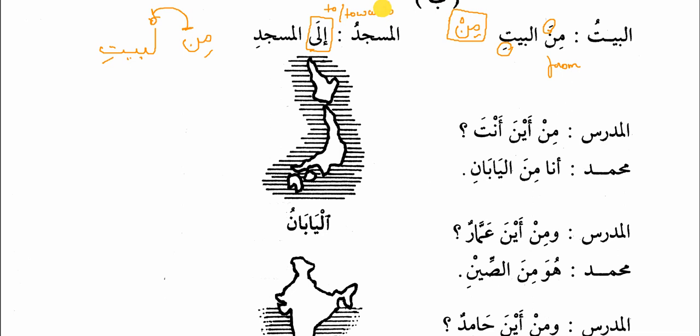Towards, when you are talking about some distance or direction, like where are you going to? So you will say, I'm going to the masjid. You will translate it as I'm going to the masjid, not towards the masjid. So ilal masjidi, the same rule applies here also.